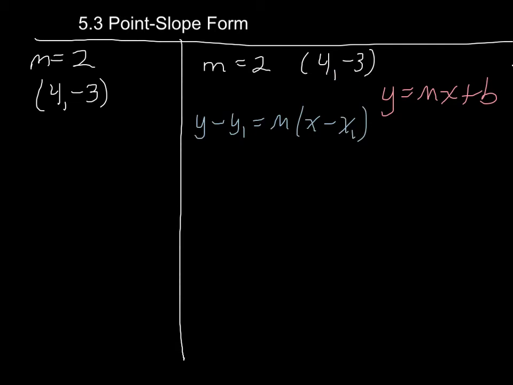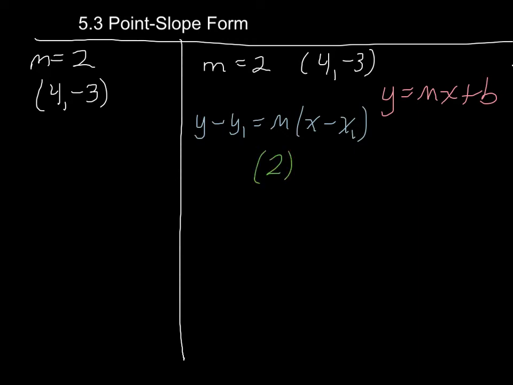So you'll see that in just a second. I'm going to go ahead and plug that in. I know that this m must be the same as that m, so I can plug that in, and that becomes 2.